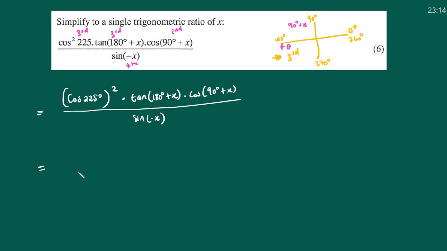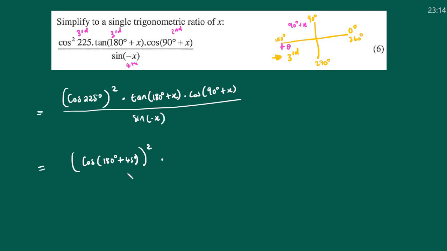We are simply going to say, since 225 is in the third quadrant, you're going to write it as cos, then you say 180 degrees, then you say plus, because it is in the third quadrant, and then you say all squared. But which angle must I add for me to get 225? I believe that should be what? 45 degrees, right? Yeah.